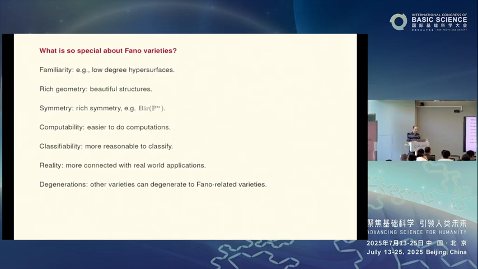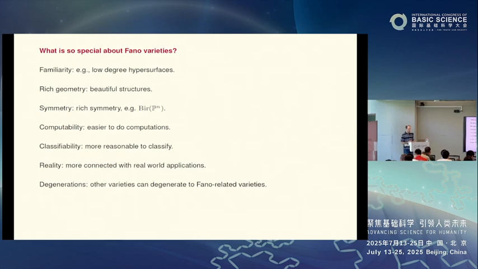Other kinds of spaces, for example, where the canonical bundle is positive, which are called general type, of course, are interesting, but in some sense, they are much more boring compared to Fano varieties. They don't have the same kind of rich geometry.